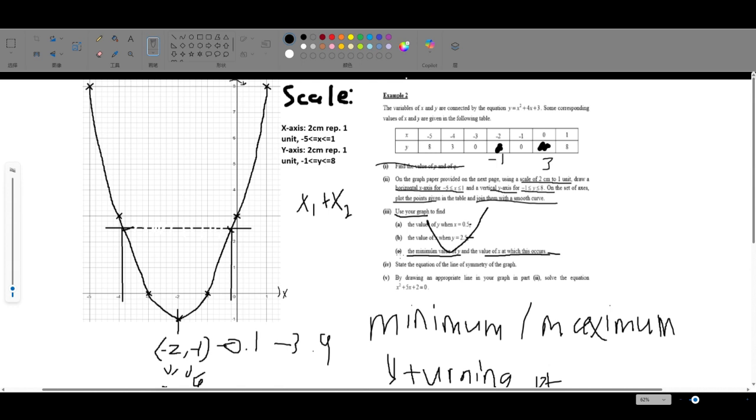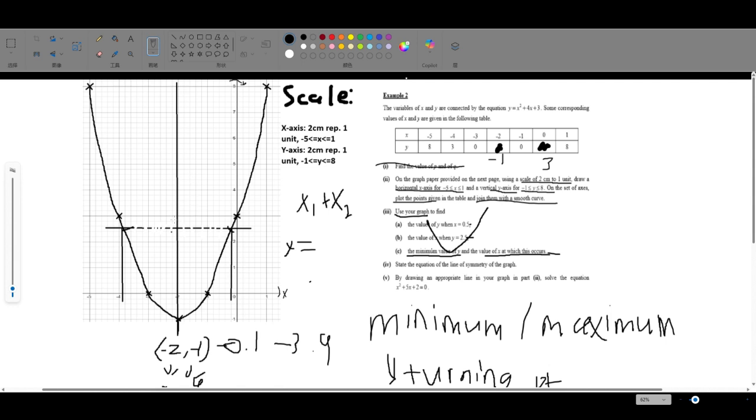Now the question states, state the equation of the line of symmetry of the graph. This is the easiest question, basically 1 mark. So the line of symmetry is just this line. It is a vertical line, and by our theorem, a vertical line is equal to x equal to something, x equal to a, for example.